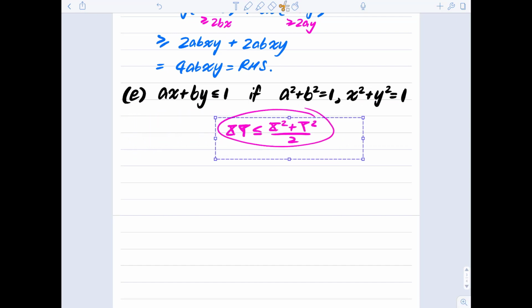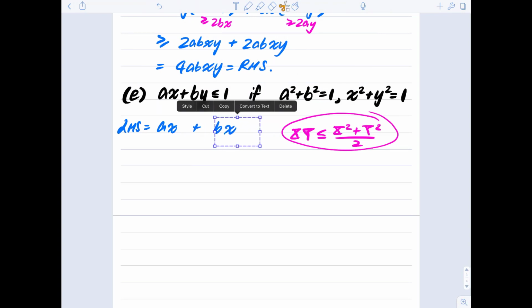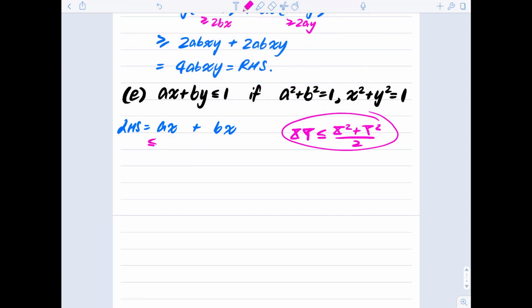Let's try. So we have left hand side is ax plus by. Now let's have a look at them individually. First up, ax is smaller than or equal to two things multiplied, smaller or equal to each individual squared, divide by 2.